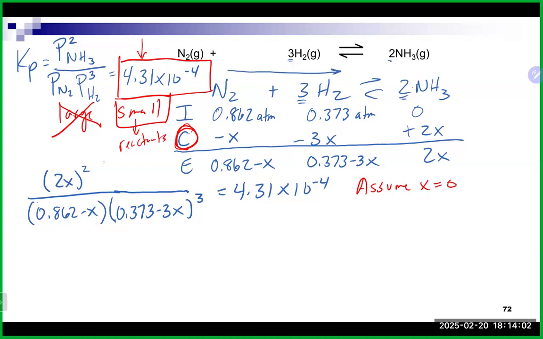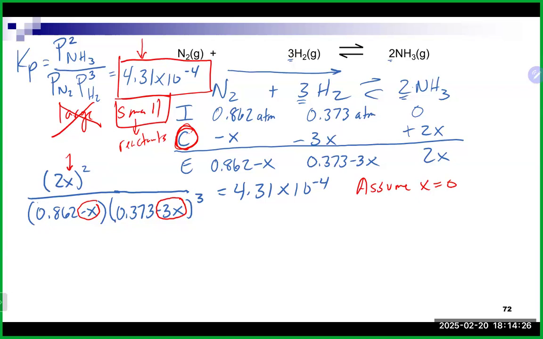So in that case, it would be this x here we're going to zero out, and we're going to zero out this x as well. This one we cannot zero out. The reason we cannot zero it out is because it started at 0, which means anything that it makes is significant, right? But what's changing here on the reactant side is going to be a very small amount, which is not very significant.